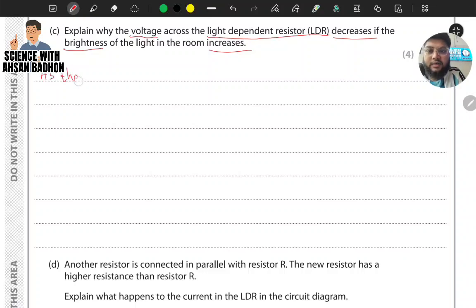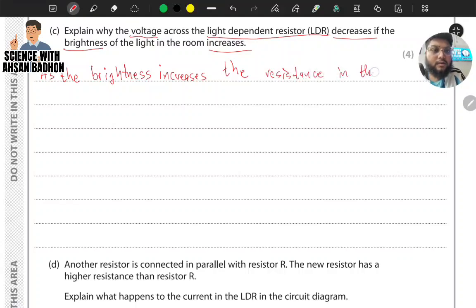As the brightness increases, the resistance in the LDR decreases, so current increases.